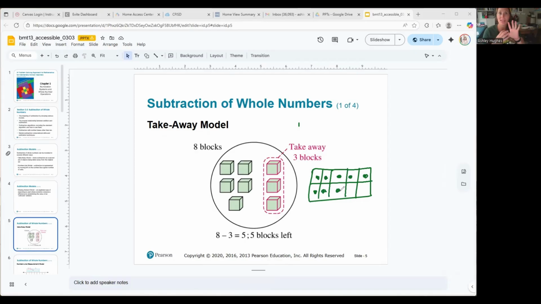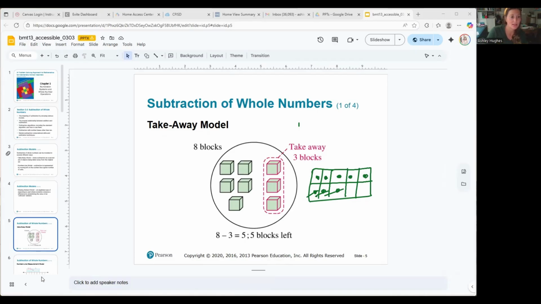And so imagine if you had the 8 Play-Doh balls and then you tell them to smush down 3. So then they're going to smush down 3 and they're going to be like, okay, how many do I have that are not smushed down? And you can see that you have 5. Or you could do it fun with like little goldfish or other teddy bear counters. So take away visually, you have this amount to begin with, you take away these, how many do you have left?